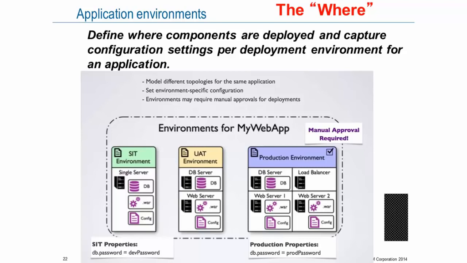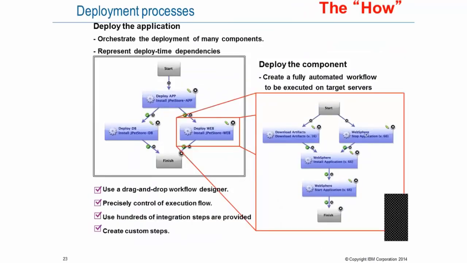The how would be the process. Now there's 2 levels of process in Urbancode Deploy. There's the application process level, which orchestrates the deployment of those components. Okay, and kind of represents the deployment time dependencies. And then there's the component process, which is the workflow that actually knows how to download the files from the repository and copy them over, in this case here, to WebSphere.